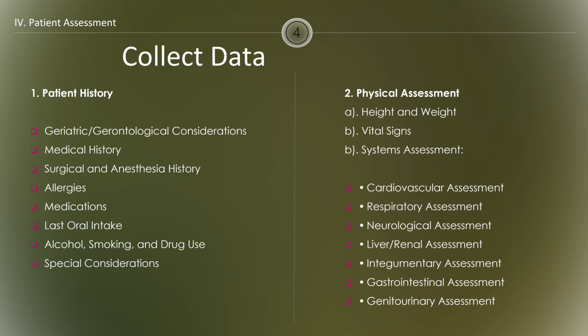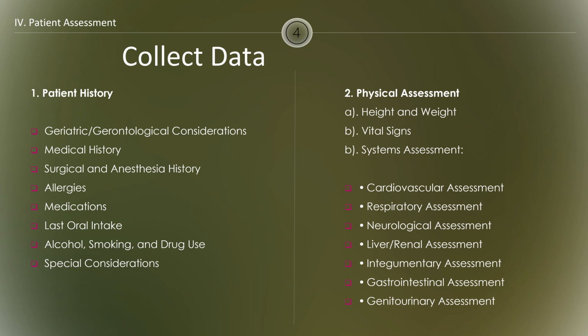And then number 2, we have physical assessment. Includes height, weight, vital signs, pain, and full system check right during that pre-op visit. Height, weight, which guide anesthesia dosage and fluids needs.